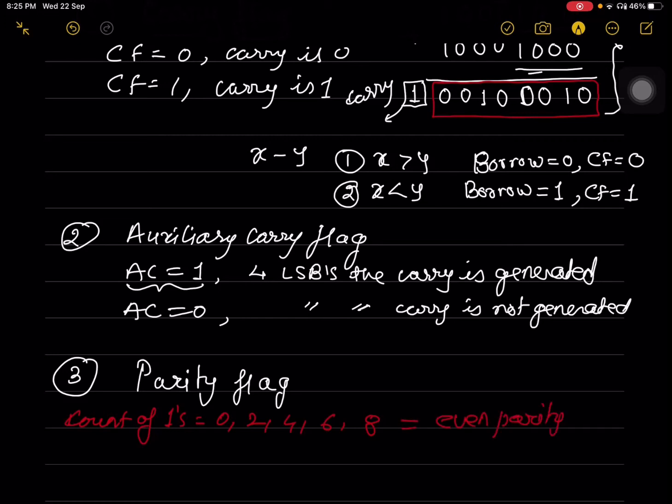So in the microprocessor, after performing any operation in ALU, when the result is generated, if the number of ones are 0, 2, 4, 6 or 8, we call it as the even parity result. And if we are getting the number of ones equal to 1, 3, 5 or 7, then we call the parity as odd parity of the result.